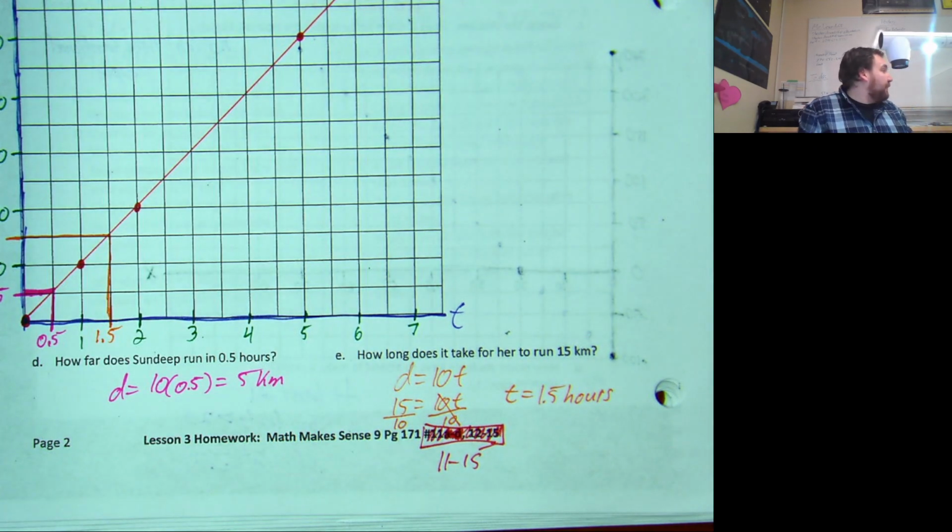If you need graph paper, I have more. Lots of graph paper for you guys. 11 to 15 means you're going to have to make 11, 12, 13, 14, 15 graphs. By 11 to 15, I mean 5 graphs. So if you can fit that on one, cool. Otherwise, I have more graph paper for you right here.